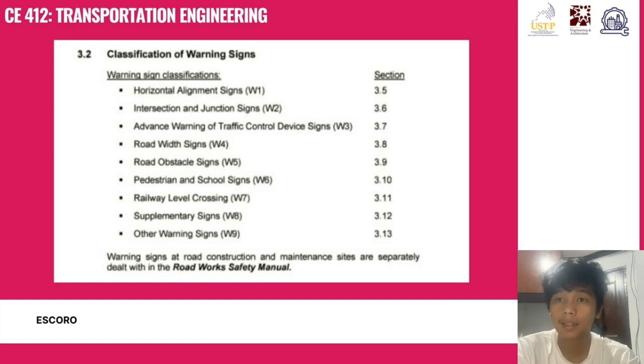Pedestrian signs, section 3.10. Railway level crossing, section 3.11. Supplementary signs, section 3.12, and other warning signs is in section 3.13. So, warning signs at the road construction and maintenance sites are separately dealt with in the roadwork safety manual.